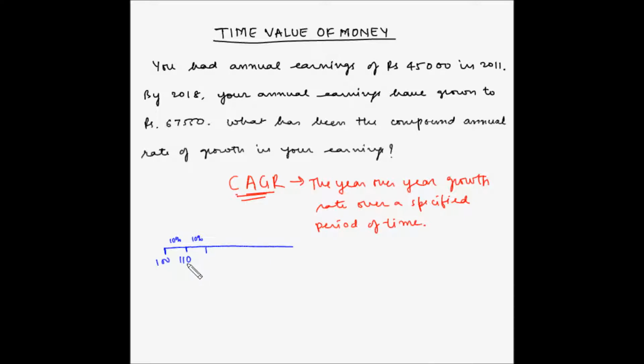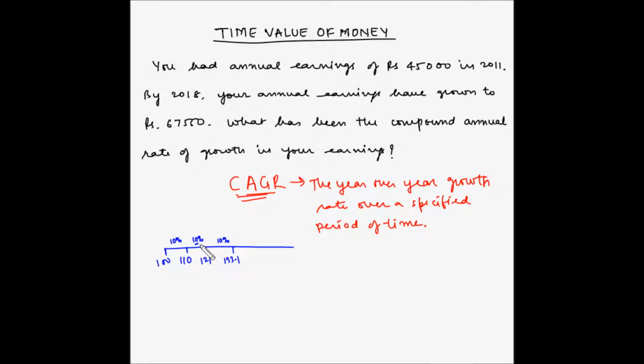So 11 gets added to 110 and this becomes 121. Again, at 10%, your new investment amount becomes 133.1. So as you can see, this 10% is being calculated on the total amount including the growth experienced in the previous year.